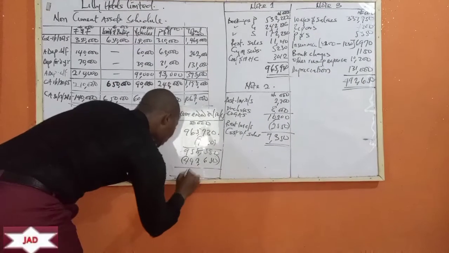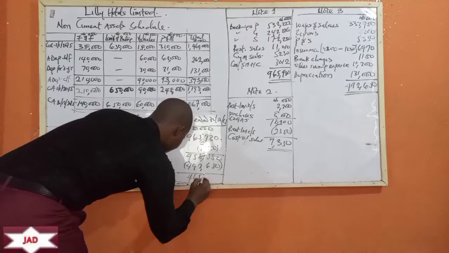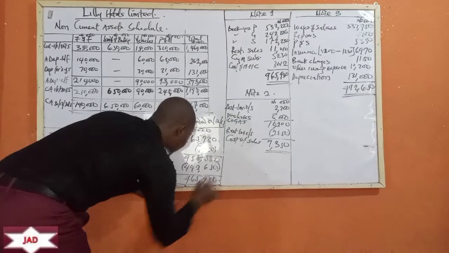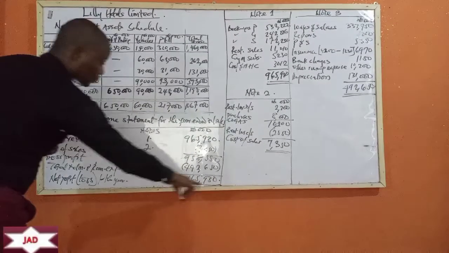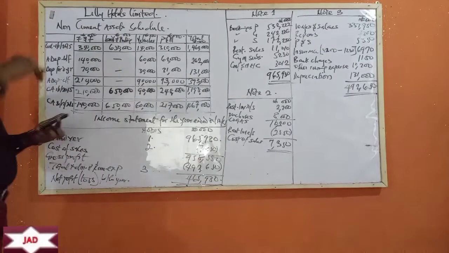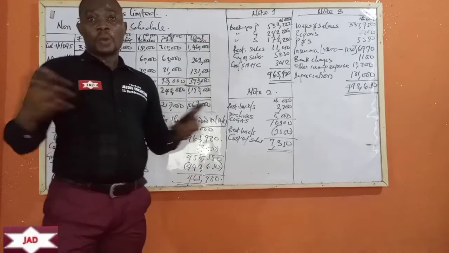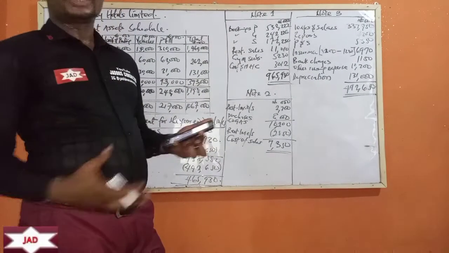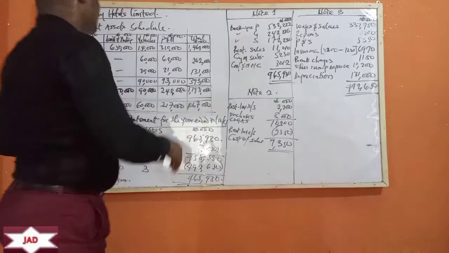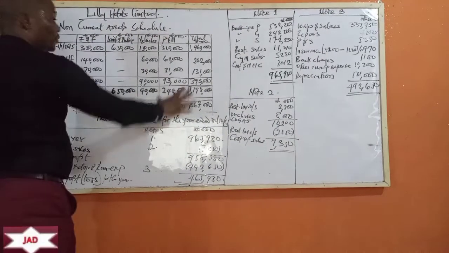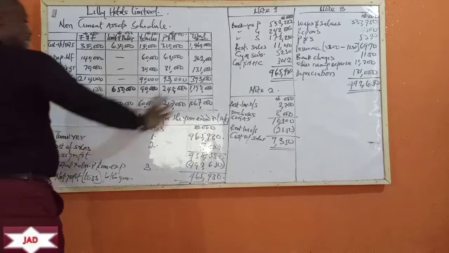So I have 465,930. Okay, so this is your net profit for the year. So this question has been able to help us understand how to prepare non-current asset schedule, what we call fixed asset schedule, and then prepare the income statement for a hotel business.